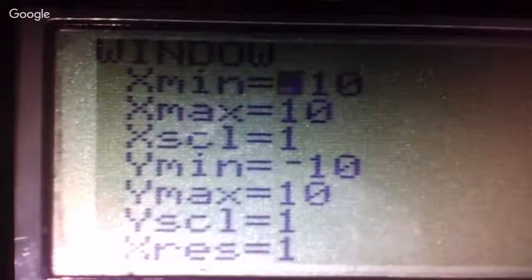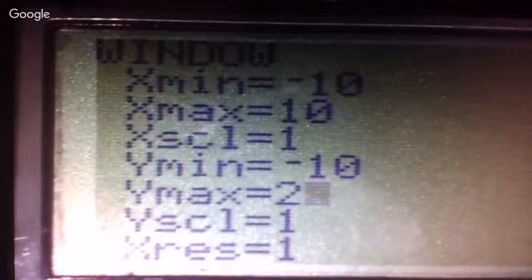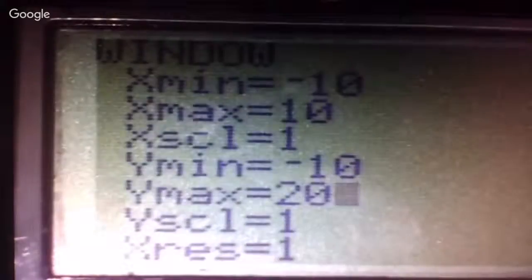Y-max tells me how high I can see. It goes too high. I need to see higher. So I want to change my Y-max. We can change it to, let's do 100. No, let's not go that far. Let's go to 20. Hit 20, and now go back to your graph.